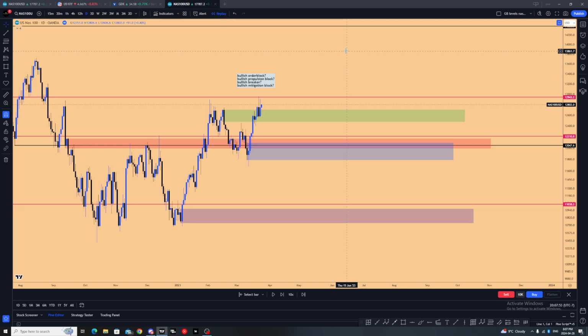Very good. Blue is propulsion. Blue is not a propulsion. No. Blue is a new bullish order block on itself. But you got the other two right. That's good.